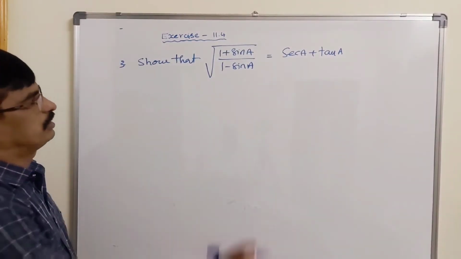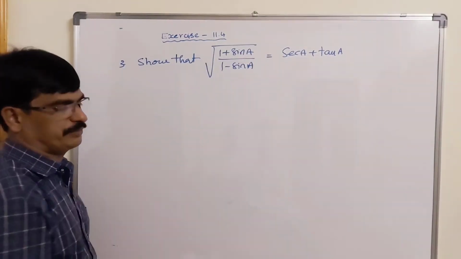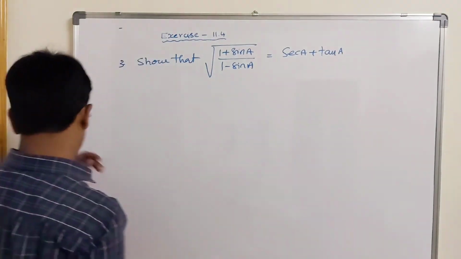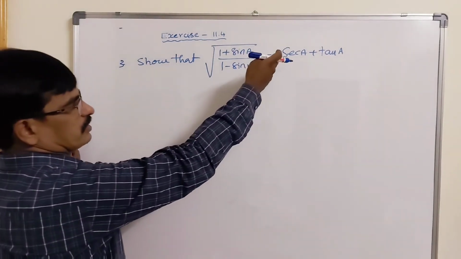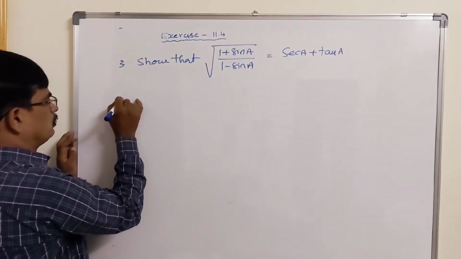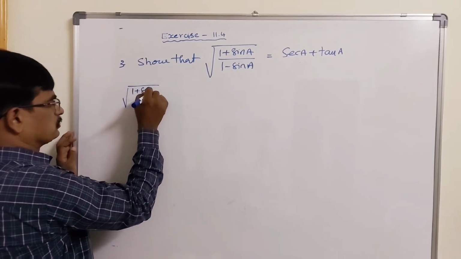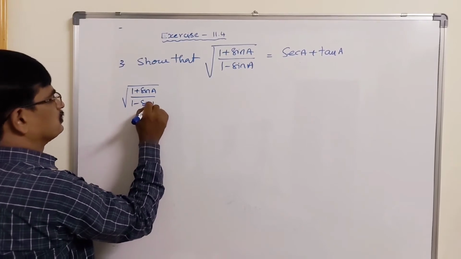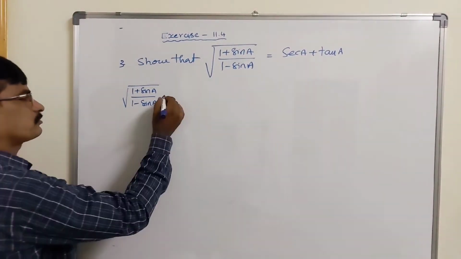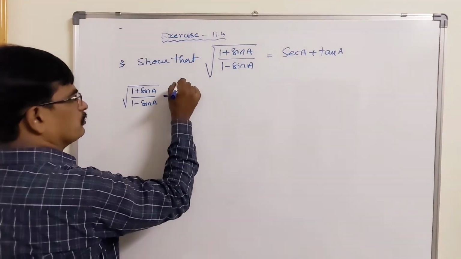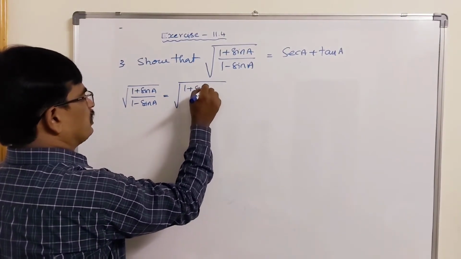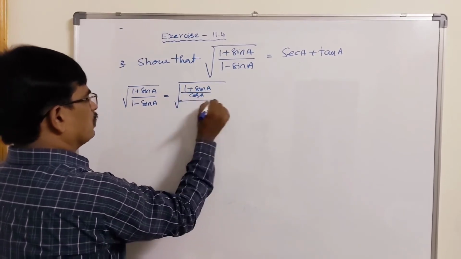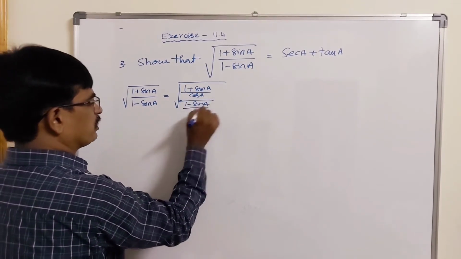Show that the square root of (1 plus sin a) by (1 minus sin a) is equal to secant a plus tan a. So, (1 plus sin a) by (1 minus sin a). The numerator and denominator are divided by cos a, so (1 plus sin a) divided by cos a and (1 minus sin a) divided by cos a are written.